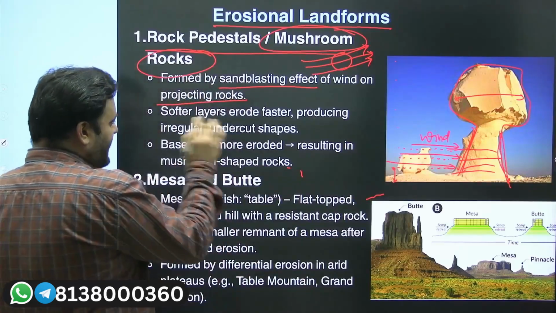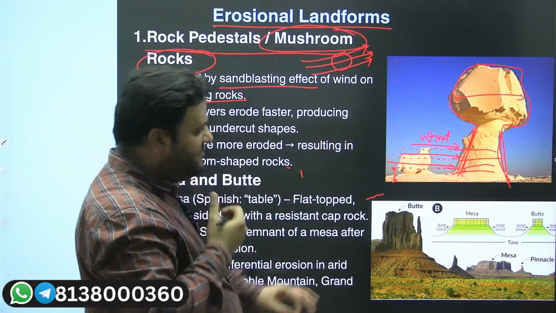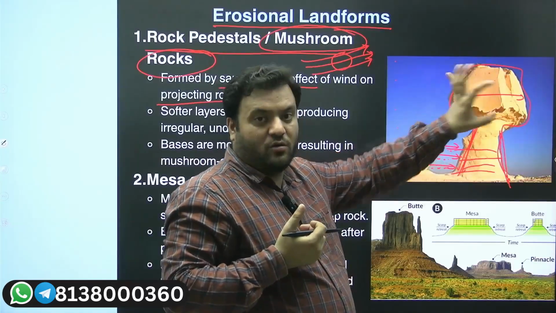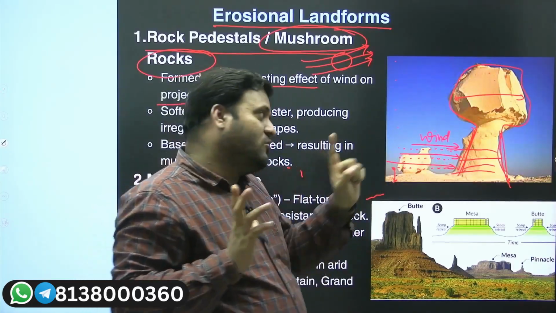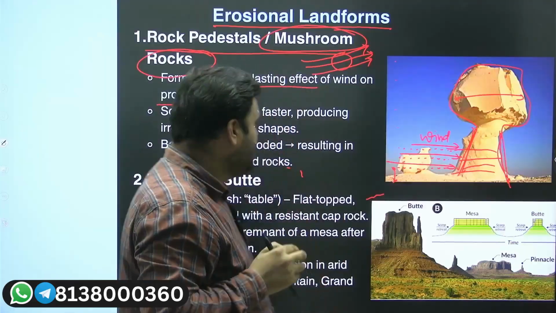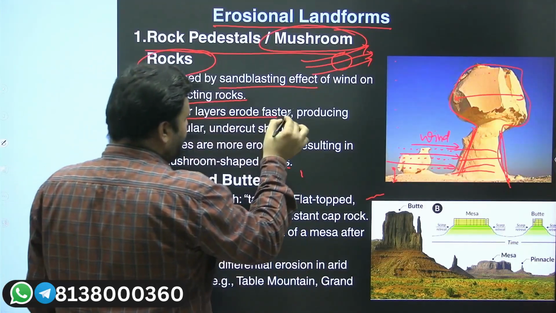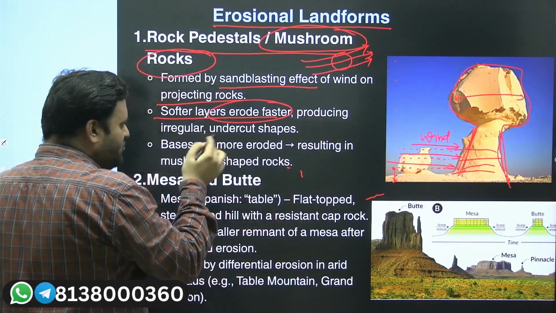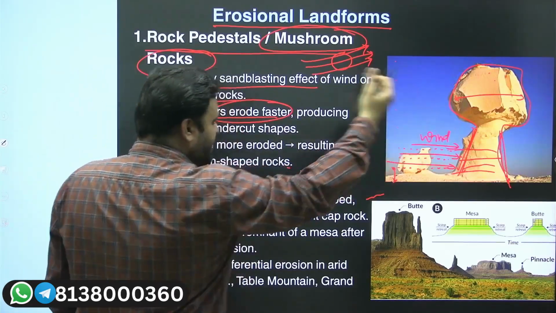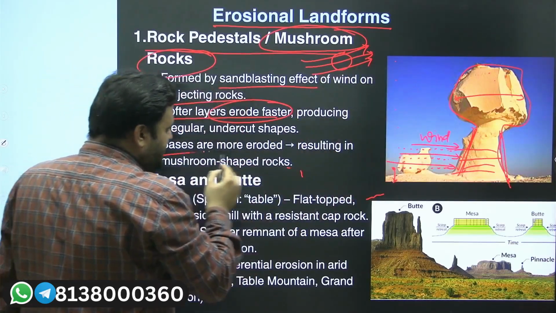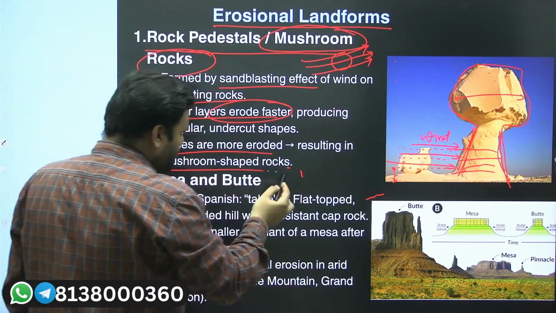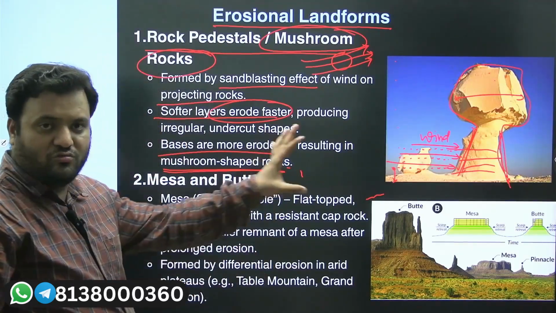And here we have one more thing as well: softer rocks and harder rocks. If we have these features, then only it will be called a mushroom rock. So softer layers will erode fast, certainly, and produce irregular undercut shapes. These bases are more eroded, resulting in mushroom shaped rocks. So this is the mushroom shaped rock.